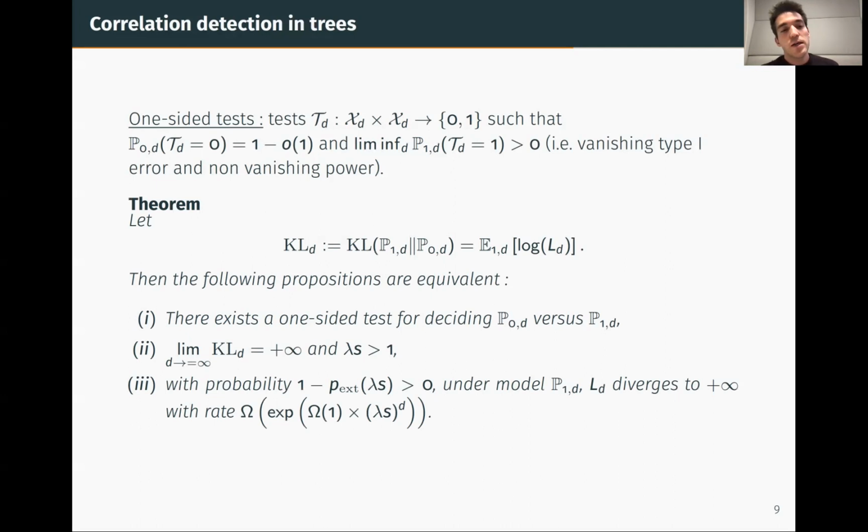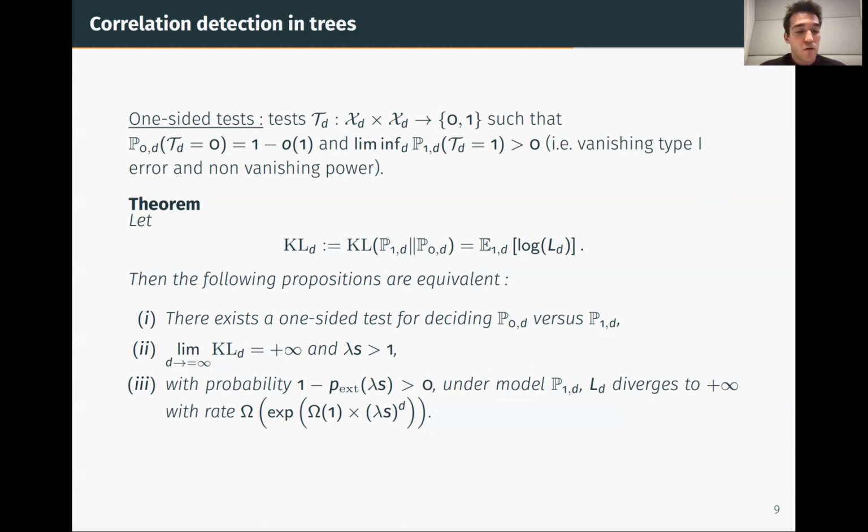We look at the KL divergence between the two distributions, and we find some sufficient and necessary conditions for there to be a one-sided test discriminating P0 and P1.